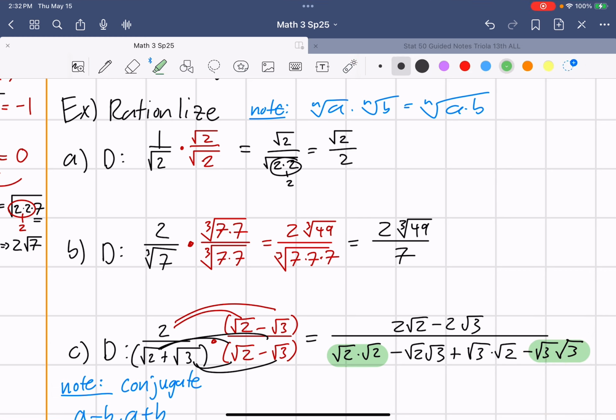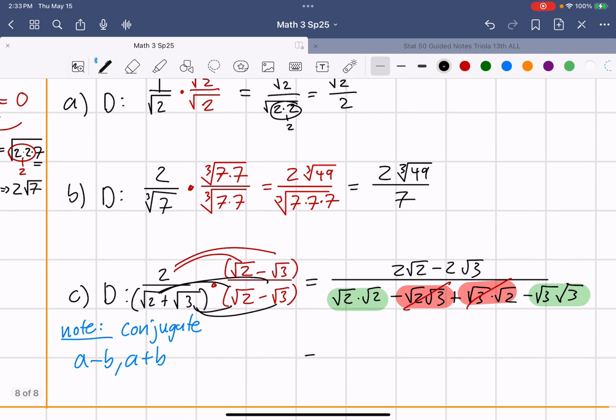And these two, I'm going to highlight. Remember, A times B is the same thing as B times A. So these two terms are exactly the same. One's negative and the other one's positive, so they are going to cancel each other out.